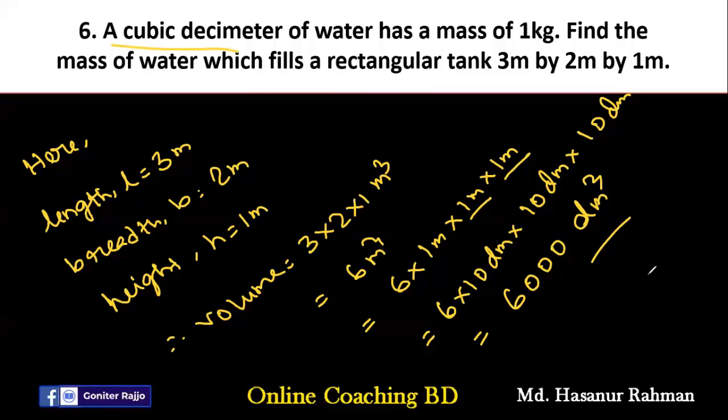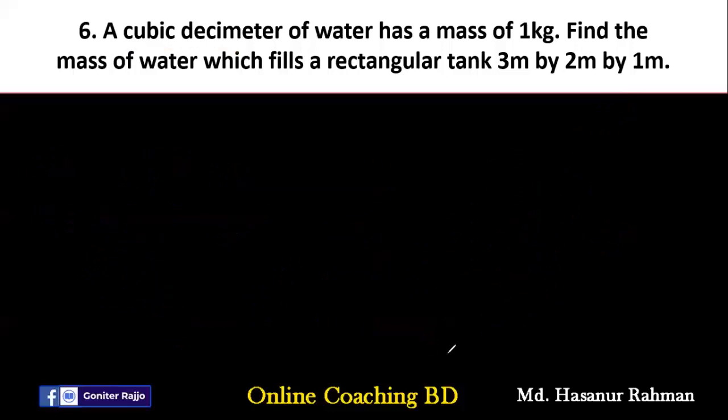So we have already found out the volume of this rectangular tank in decimeter cube. So what is the total volume? That is 6,000 cubic decimeter. Now, look at the question. The question says 1 cubic decimeter of water has a mass of 1 kg.